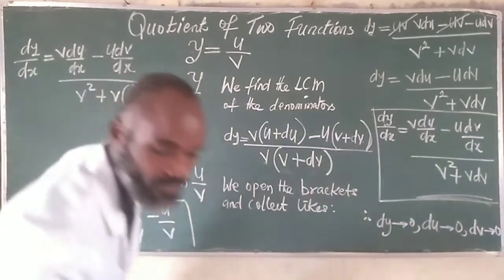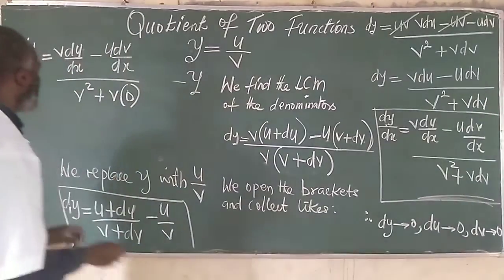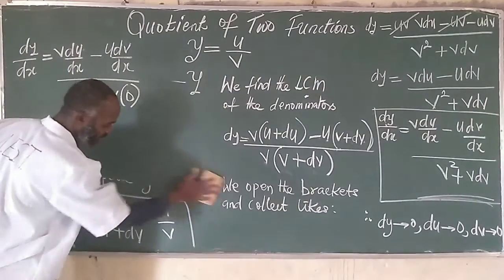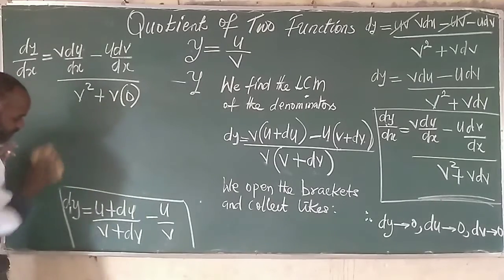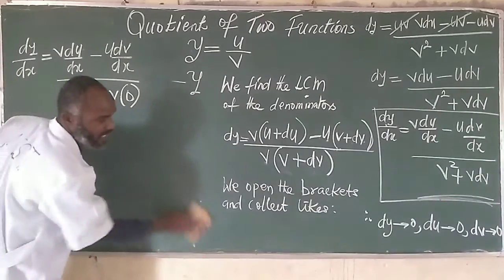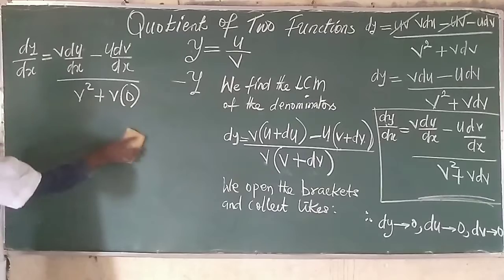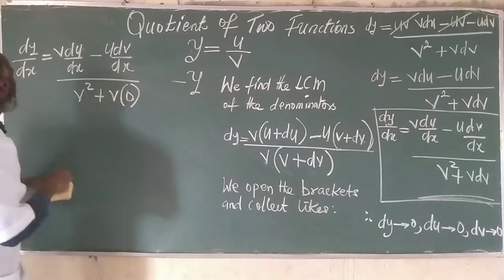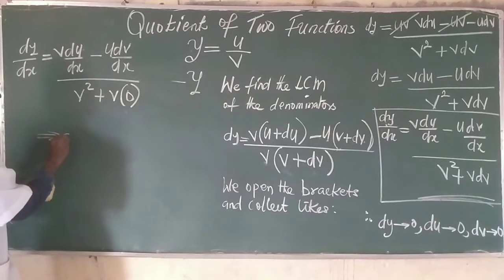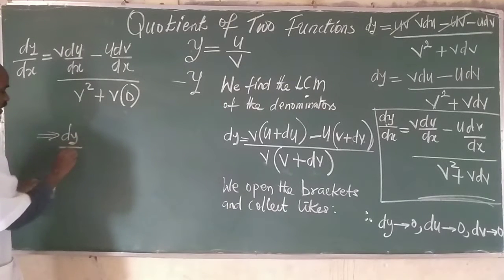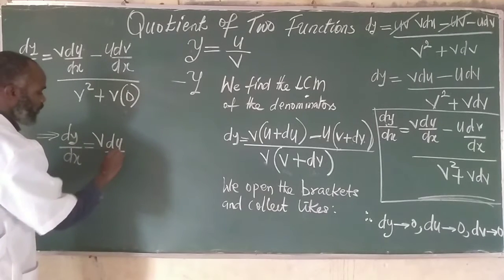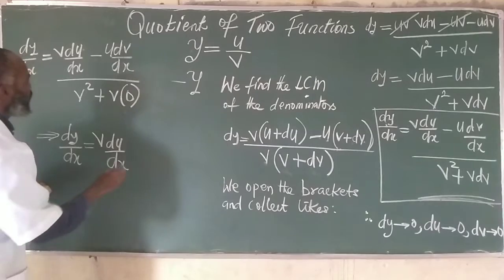We are arriving at the final answer. Alright? So with this, we can clean off this as well. We don't need this again, because we have learned this. Now, so what happens? This will vanish. And then it implies that dy dx is equal to v du dx, alright?